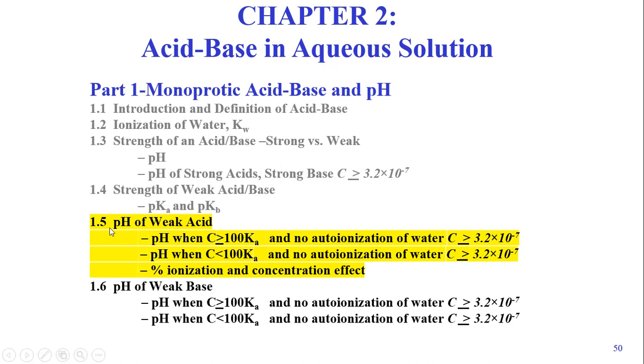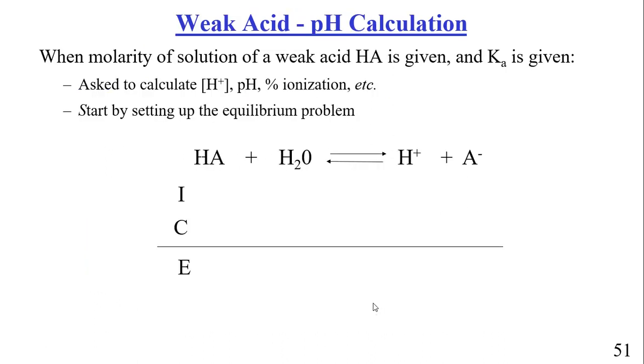Today, this chapter will be about the pH of weak acids. We're going to look at the pH again with no autoionization of water, and where the concentration is sufficient for that acid. We're also going to look at the ionization and concentration effect.